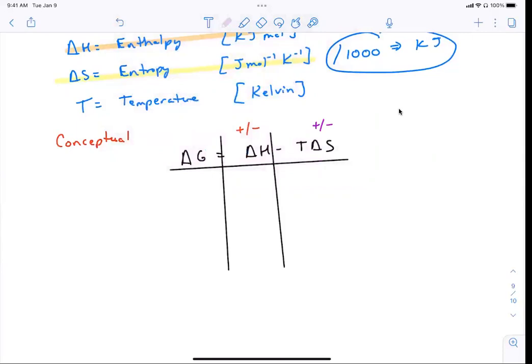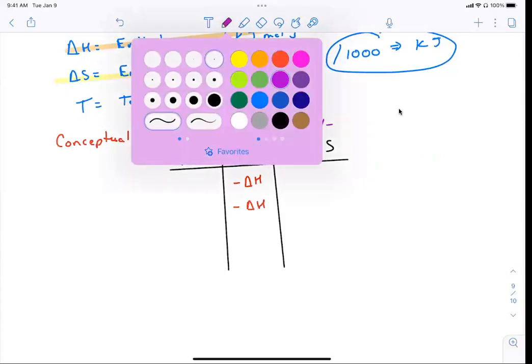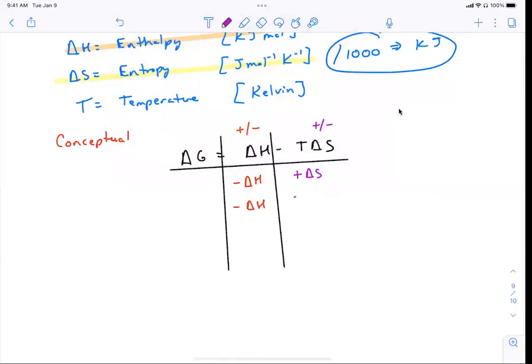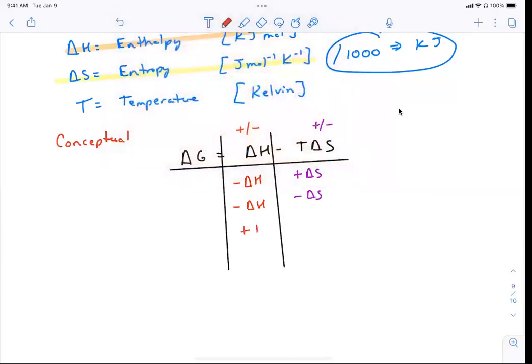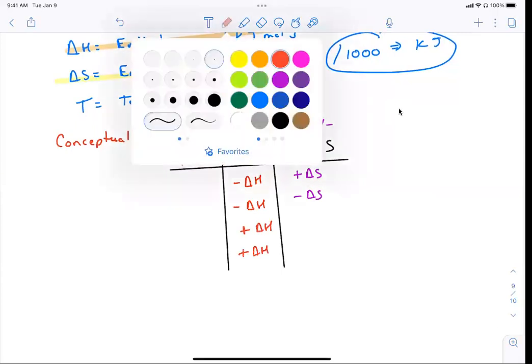4. You could have negative delta H and positive delta S, and negative delta S, and you could have positive delta H, positive delta H. I'm going to talk about that in a second.